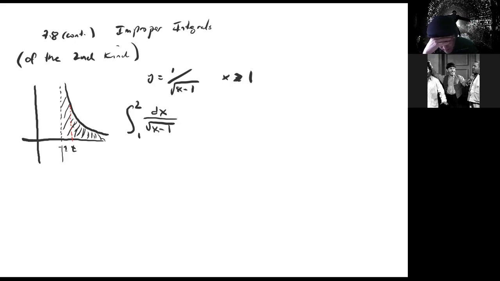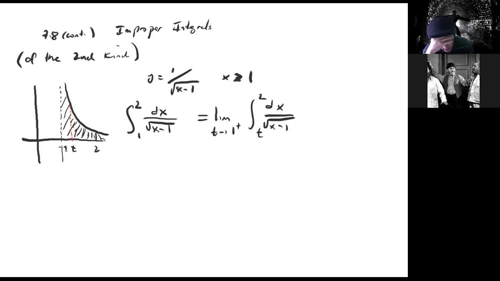So we're going to define this in this case as the limit as T approaches 1 on the right side of the integral from T to 2. So it doesn't have to be from 1 to 2, but let's do it from T to 2 of dx over the square root of x minus 1.